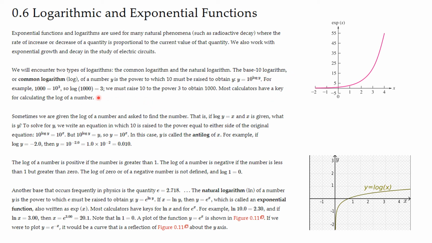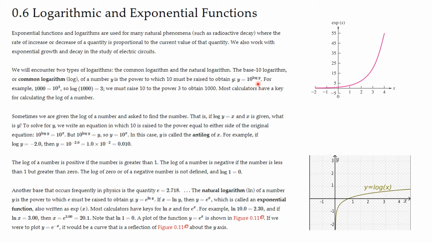So the base 10 logarithm of a number y is the power to which 10 must be raised to obtain y. You have to think about that a little while, and I'll show you an easy way to remember that. But that means that y equals 10 to the log y. So you see this is an inverse function: 10 to the x is the inverse of log x.